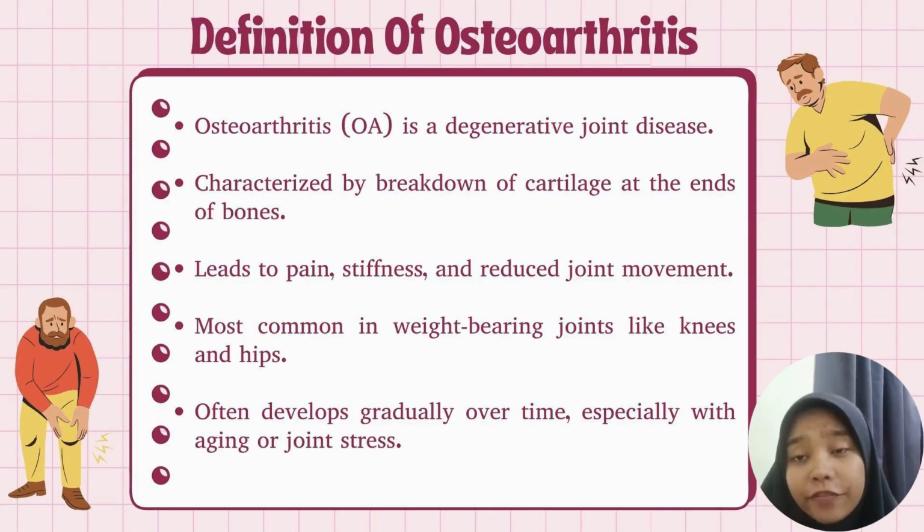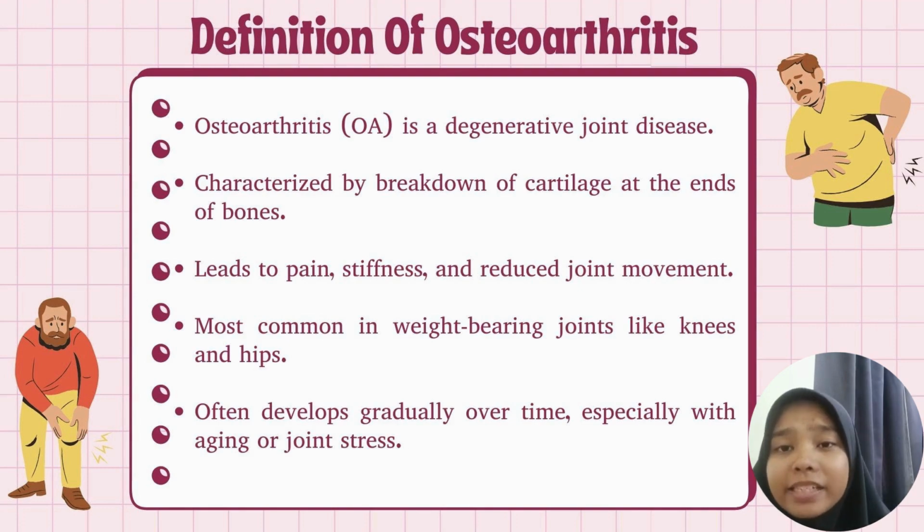To be more specific, osteoarthritis is a chronic condition characterized by the breakdown of joint cartilage and the underlying bone. It is often described as a wear and tear disease where the protective tissue at the ends of the bones gradually disappears.